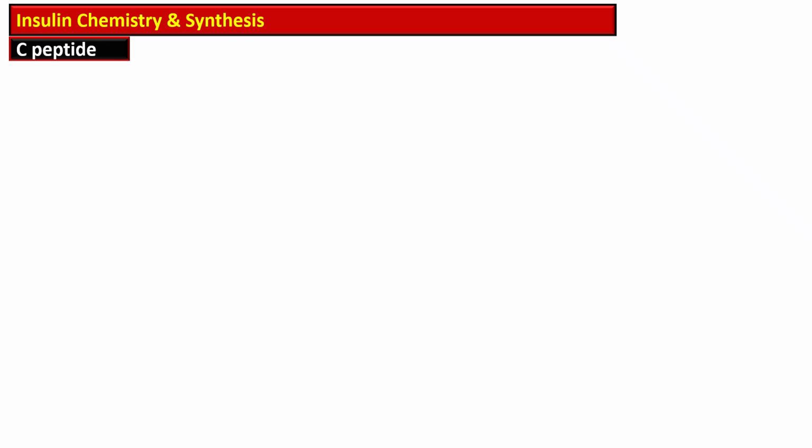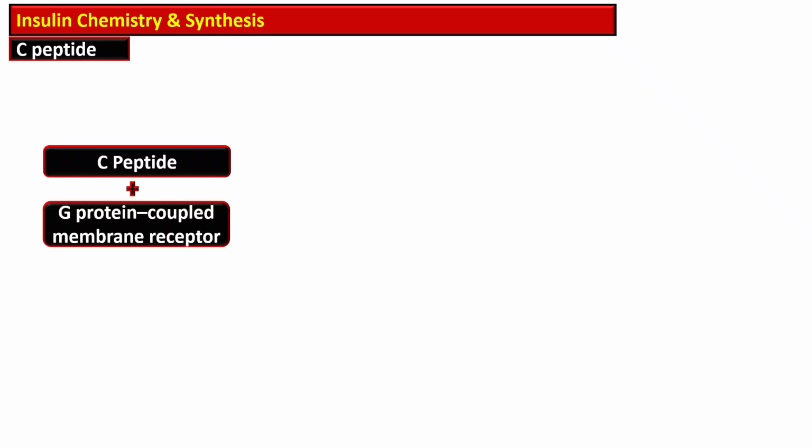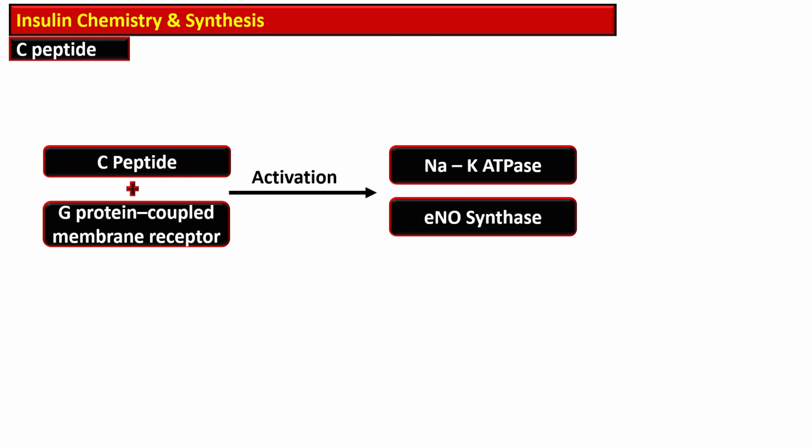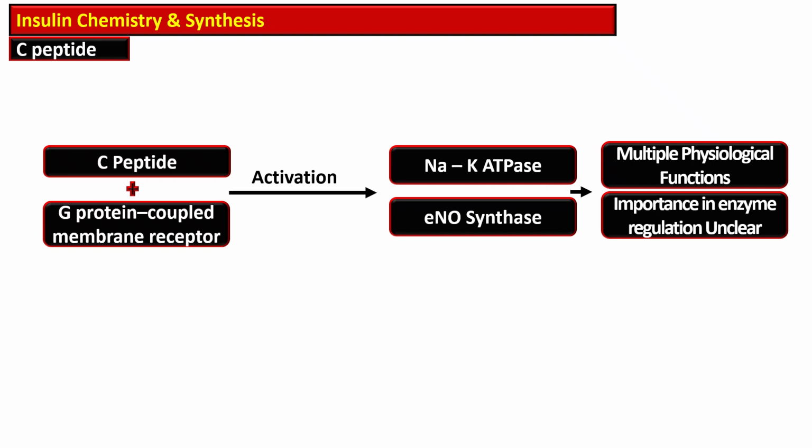The C-peptide binds to a membrane structure, likely a G protein coupled receptor, and it is responsible for activation of sodium potassium ATPase and endothelial nitric oxide synthase. The exact physiological role of these effects is still uncertain, but it is considered that multiple physiological functions are associated with this.